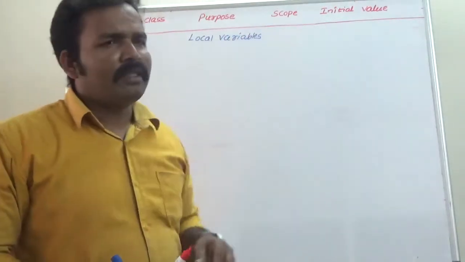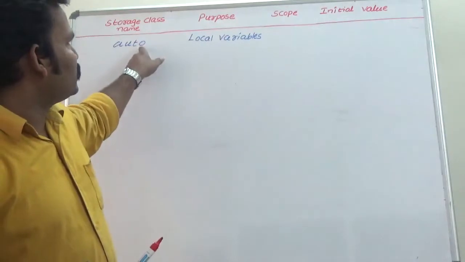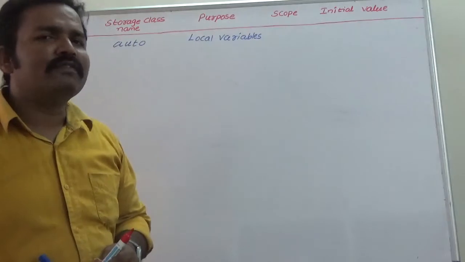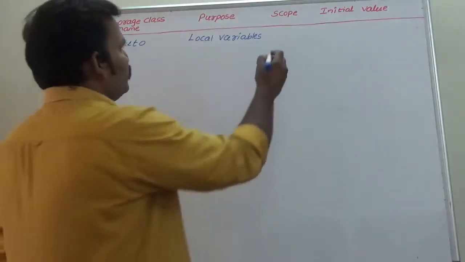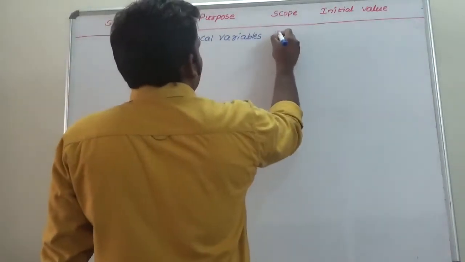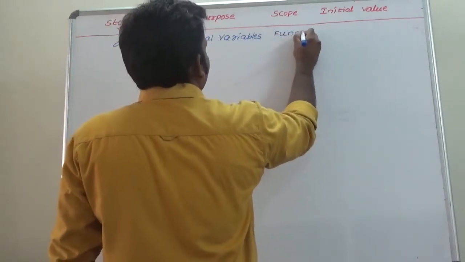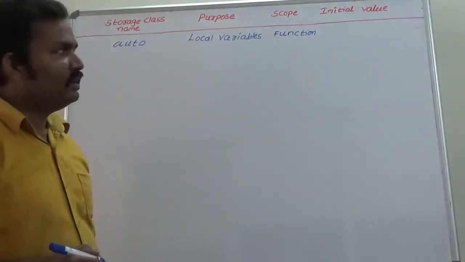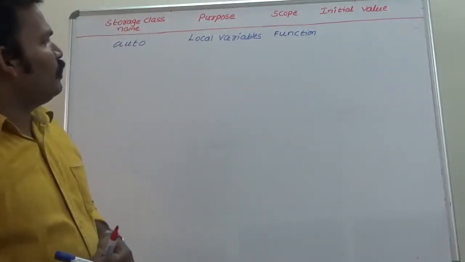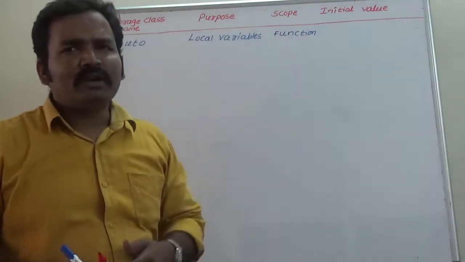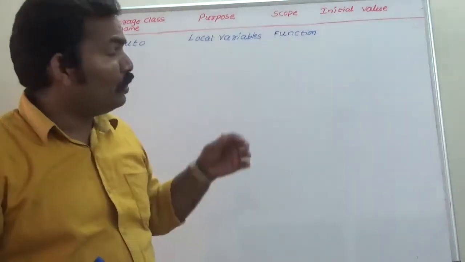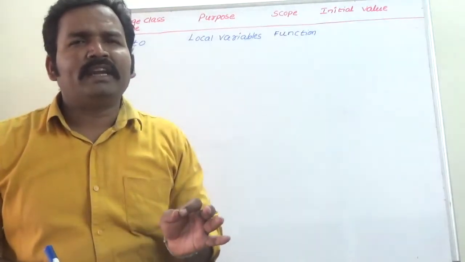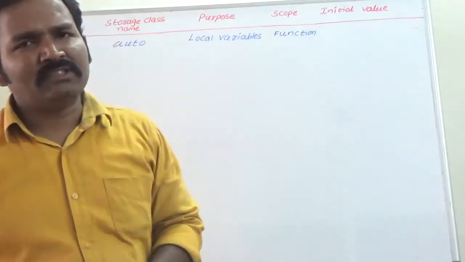Next, scope. The scope of auto variables is limited to the function only. Next, when no data is given to auto variables, they are automatically initialized to garbage value.